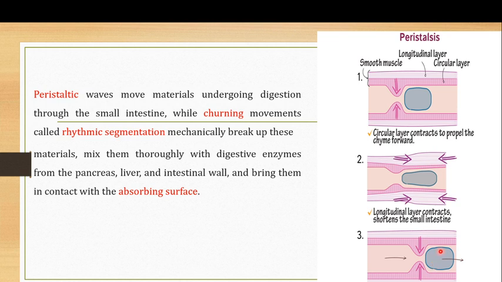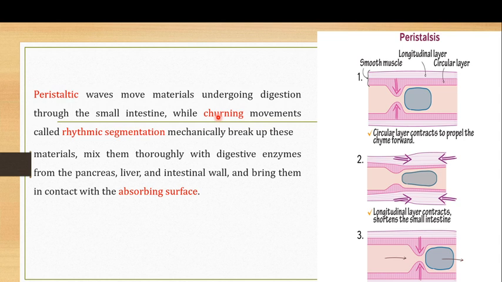The second important thing is that the contraction and relaxation of these muscles is actually called rhythmic segmentation. This rhythmic segmentation and these churning movements also help in the mixing of the enzymes that come from the liver, the pancreas, and the intestinal walls with the food.